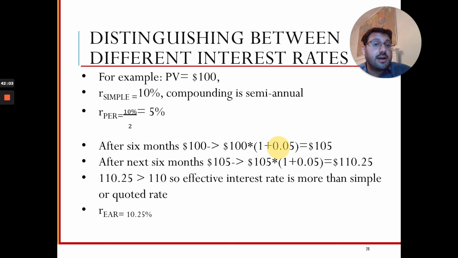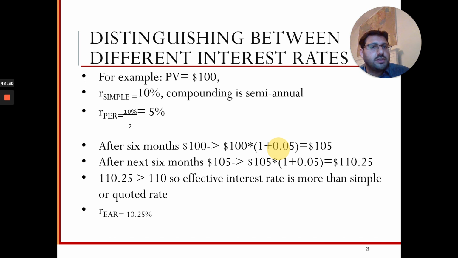So 110.25 is more than 110. It means that the effective interest rate, now I'm not talking about simple, is higher. You did not get 10%. At 10%, the value of the $100 which you invested would have been 110. With semi-annual compounding, the 100 actually got converted into 110.25.